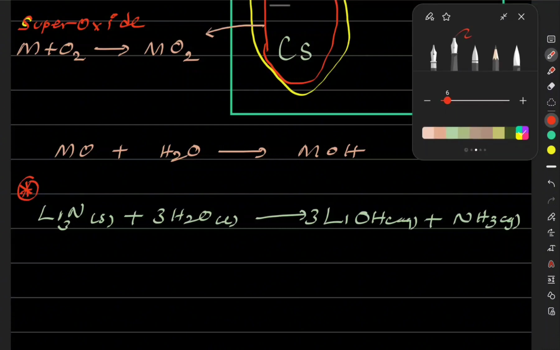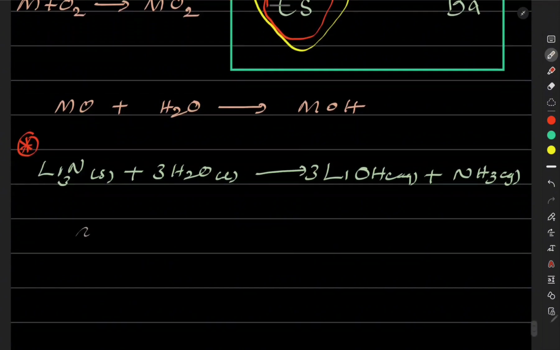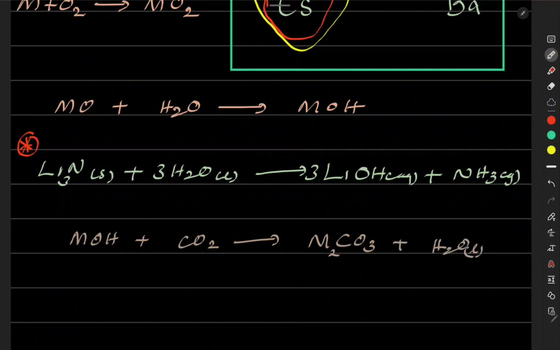The other metals also form hydroxides with water. When we allow those hydroxides, MOH, to react with CO2, they form metal carbonates plus H2O.